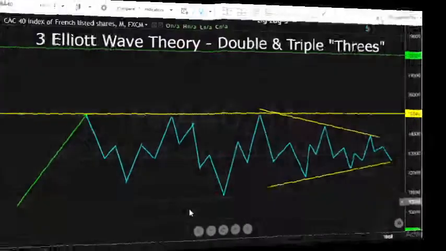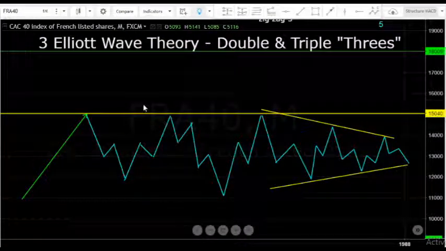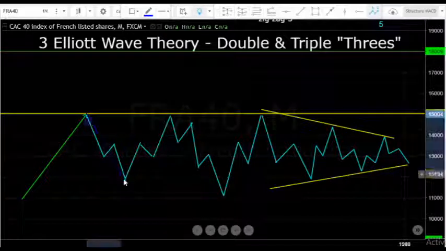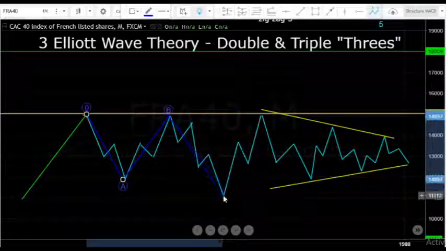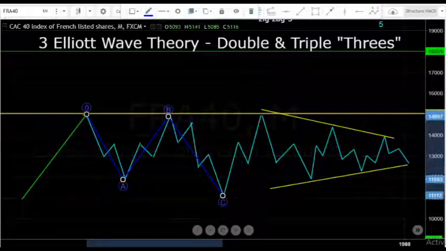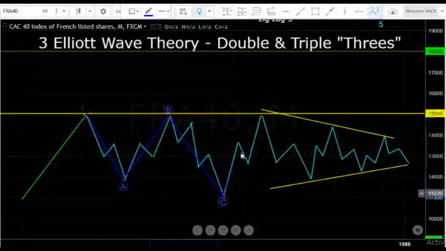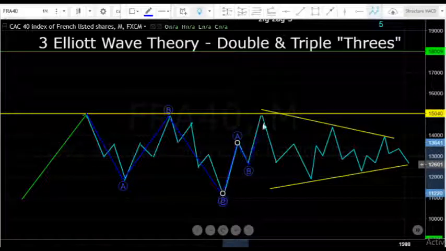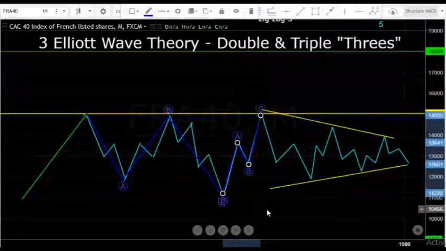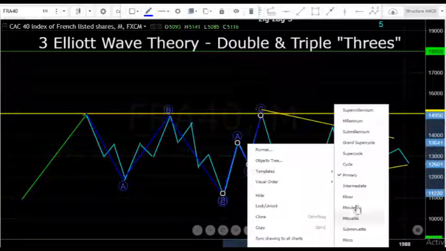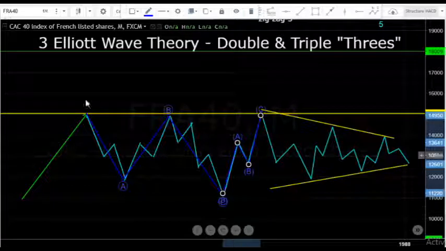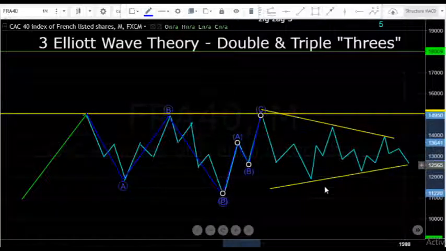Okay, so I've cleaned this up a little bit. Let's have a look at how we would have labelled this initially with an A, B, C, and then we have another A, B, C, and then we have our triangle.